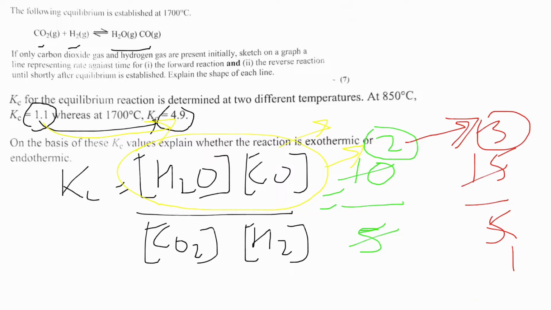And here they have given two different temperatures, 850 and 1700 degrees centigrade. What is happening here? The temperature is increased. Always remember, for an exothermic reaction, if you increase the temperature, the reactant form will be more and the product less. But here the value of Kc is increasing, which means the product is increasing. That means it is an endothermic reaction, because it needs heat.